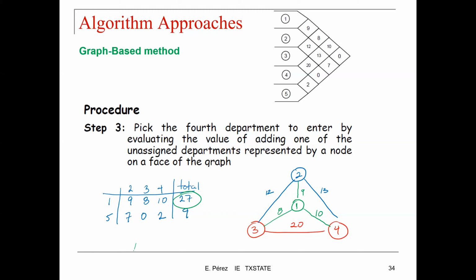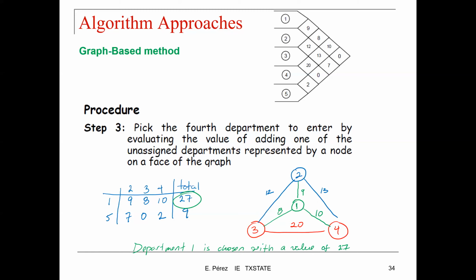Okay, so department 1 is chosen with a value of 27.